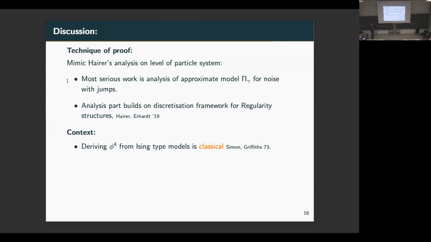I should also perhaps give a little bit of context. Connections between Phi-4 and Ising type models have been discussed in the literature for a really long time. Perhaps I should mention this paper from the 70s, very well known, by Simon and Griffiths, where also a two-dimensional Phi-4 model is constructed as a limit from an Ising type model.